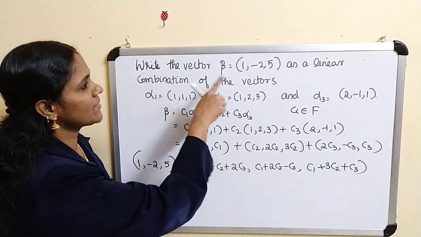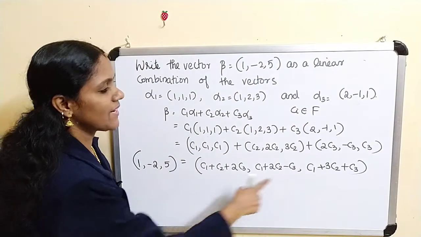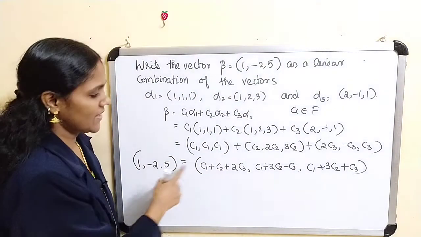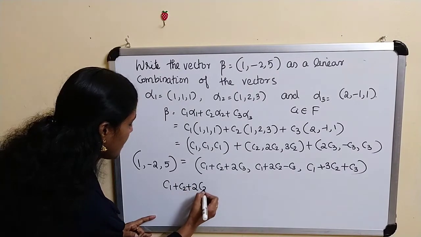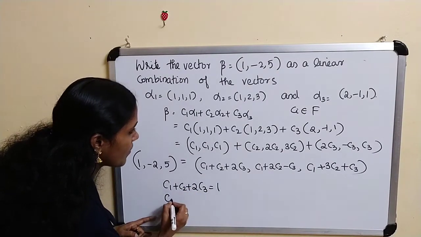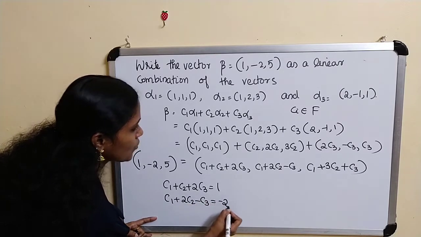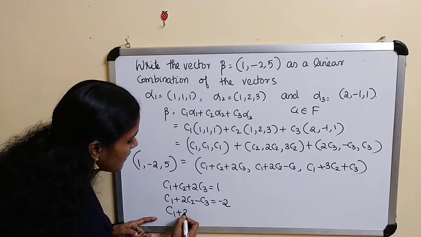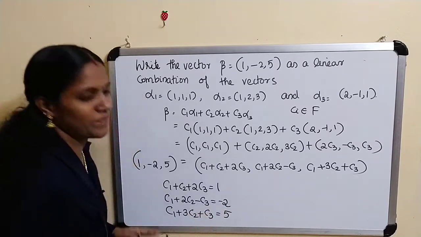So, beta is a linear combination of alpha 1, alpha 2, alpha 3 if Ci satisfies this condition. That is, C1 plus C2 plus 2C3 equal to 1, C1 plus 2C2 minus C3 equal to minus 2, C1 plus 3C2 plus C3 equal to 5.